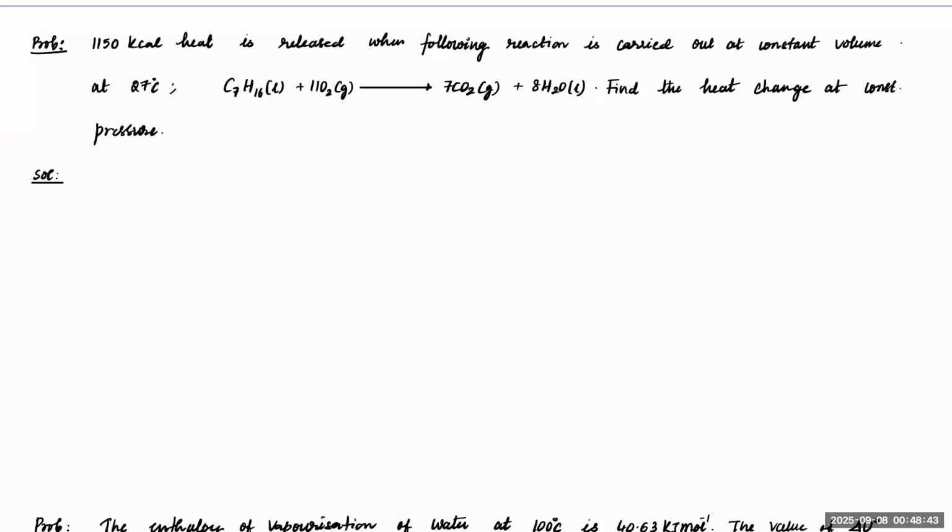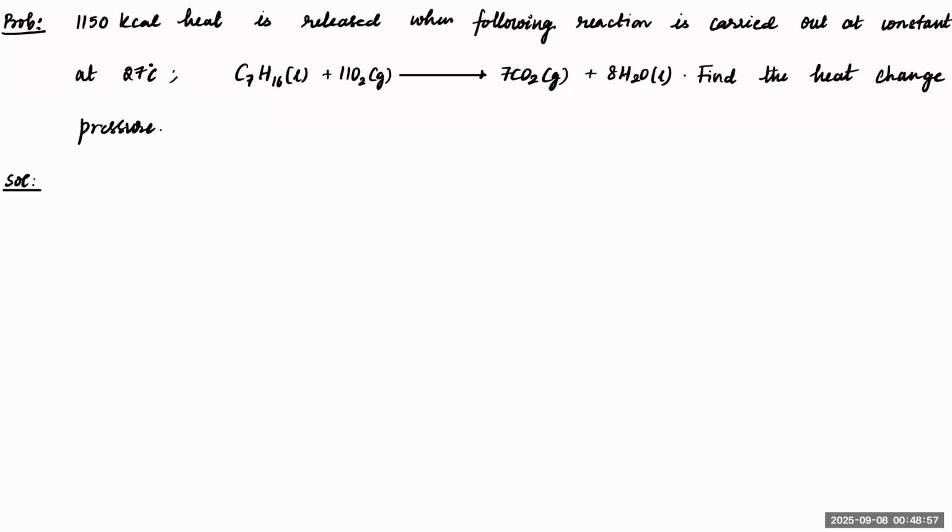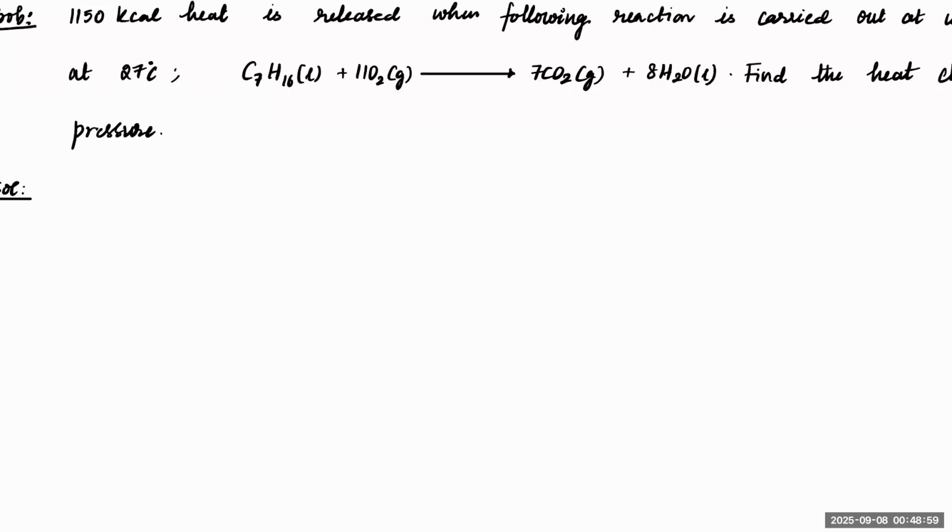We don't have to worry about that. The reaction is also given. You just need to figure out the heat exchange at constant pressure. What do you mean by heat exchange at constant pressure? It means delta H. Simply, we are talking about delta H. So how do we solve it? See, delta H is equal to delta U plus delta Ng RT.